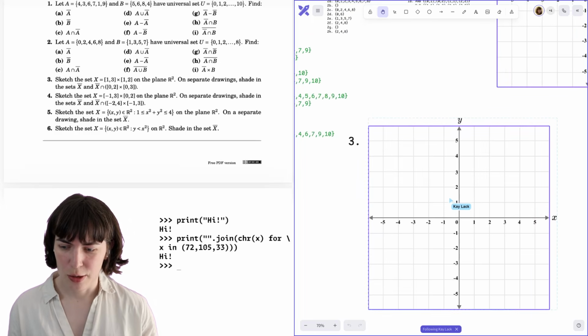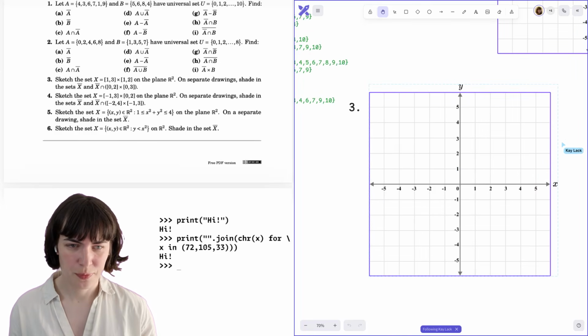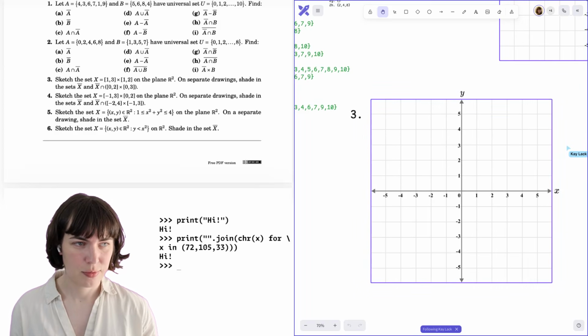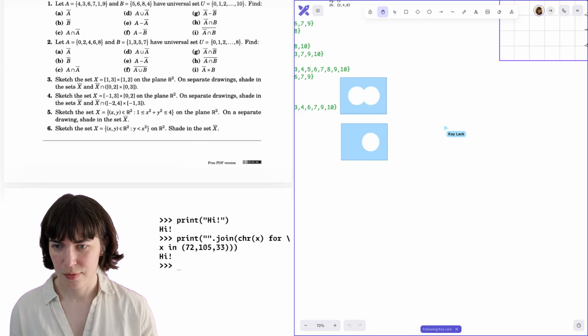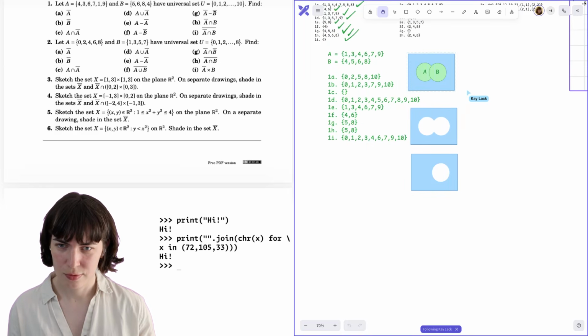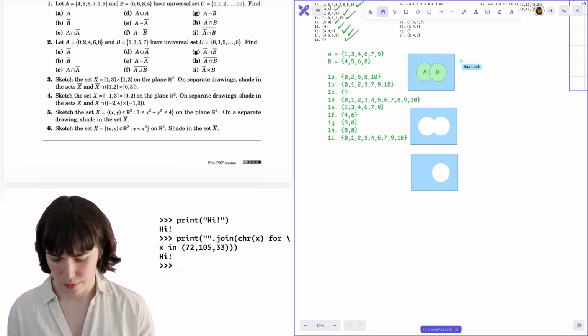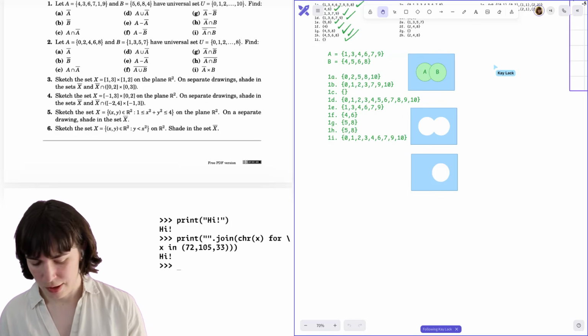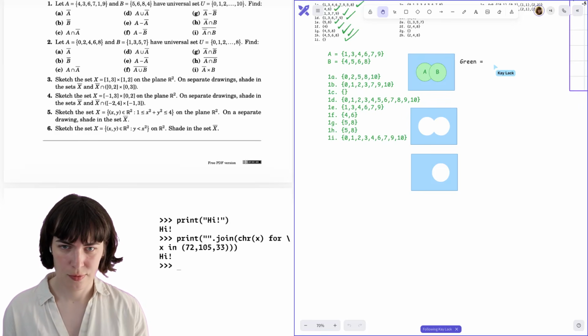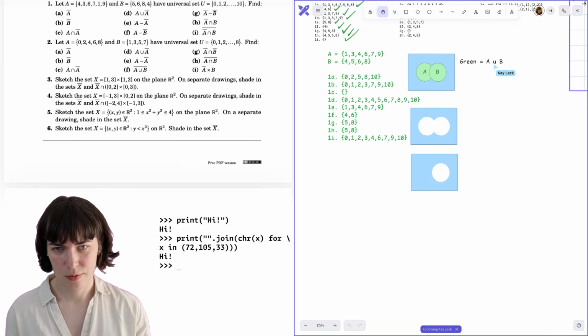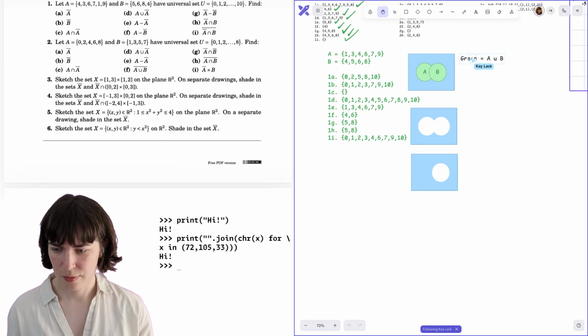Is H completing the whole of A intersect B? So this is complementing.